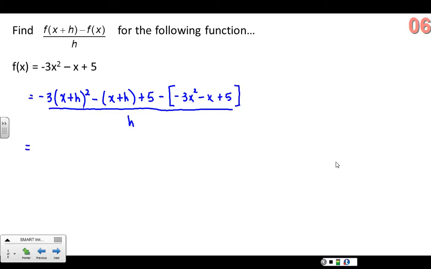Now, this time, I'm going to have to square my binomial, but I'm also going to have to multiply by negative 3. So we've got to do that step first. We've got to square our binomial first. We know that's x squared plus 2xh plus h squared. Remember, you get that by squaring the binomial or doing the FOIL method.